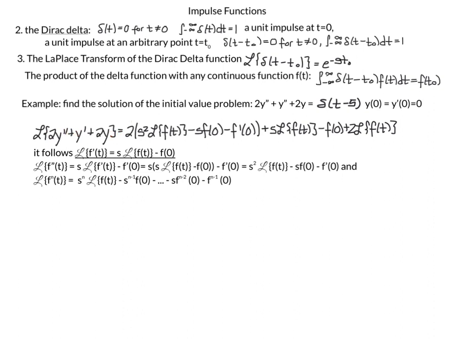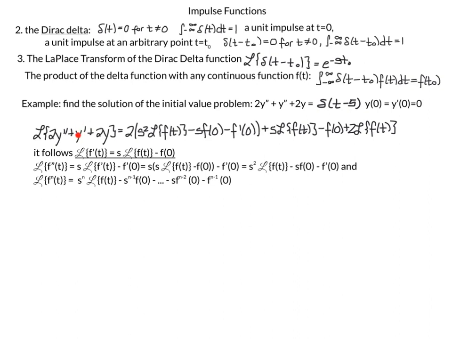Since the Laplace transform is linear, I can pull out the 2. And then for the Laplace transform of y double prime, I'm using this formula here: s squared times the Laplace transform of f of t, minus s f of 0, minus f prime of 0. That's over here.